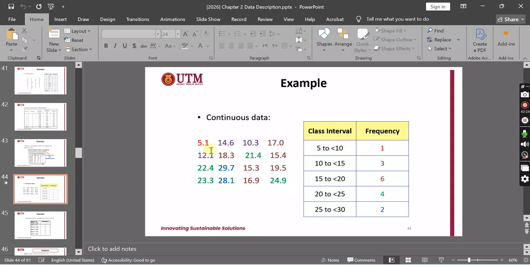We have only one number, which is 5.1. How many numbers fall between 10 to less than 15? We have three numbers, which are 14.6, 10.3, and 12.1. So this is 3, and so on for the other categories.